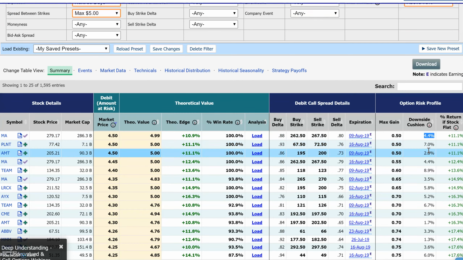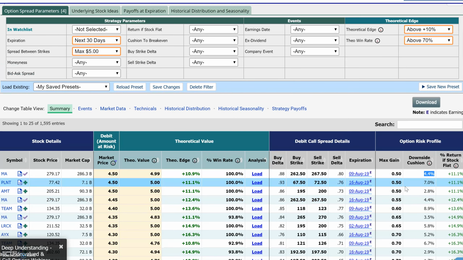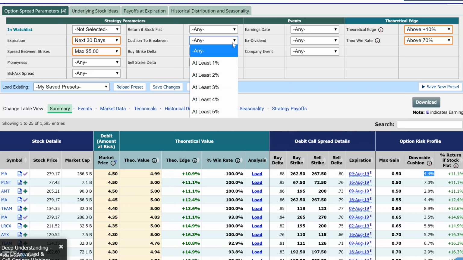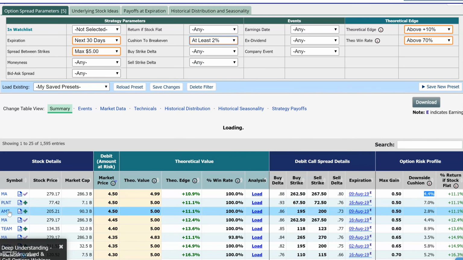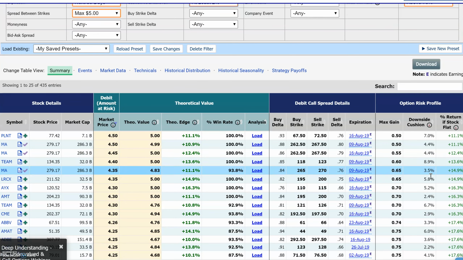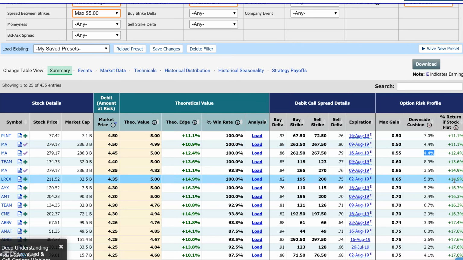Let's say you want a certain cushion, so maybe you want to be conservative and look for a certain cushion to the downside. Maybe you're wrong and the stock doesn't go up, or maybe it does retreat a little bit, and let's just put a cushion of at least 2%. So now we have a downside cushion of at least 2% or higher.